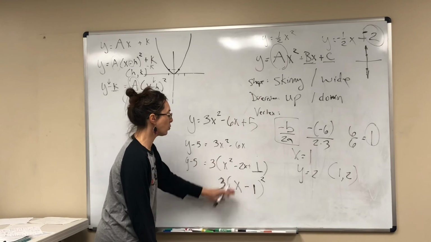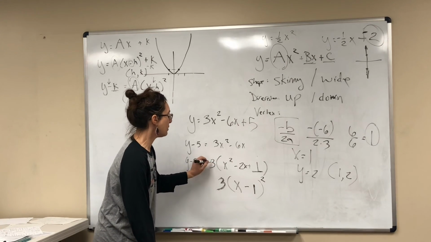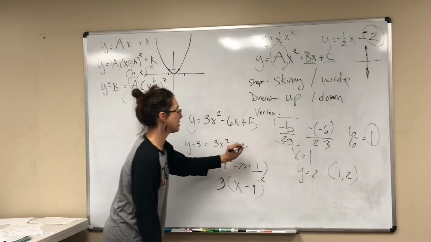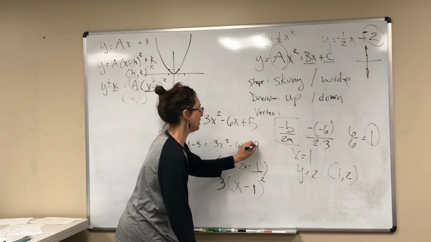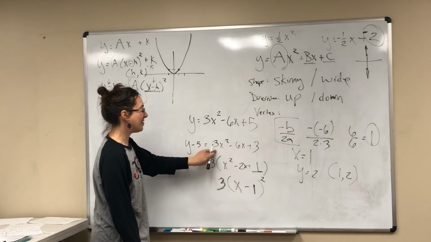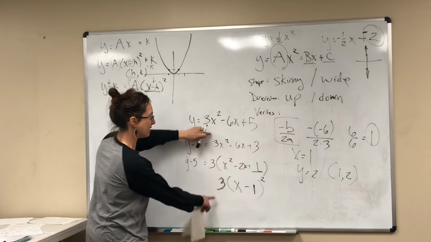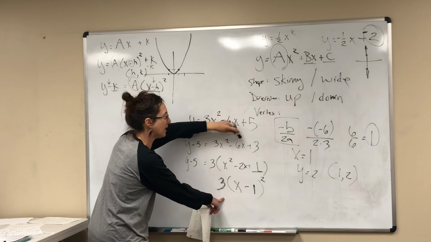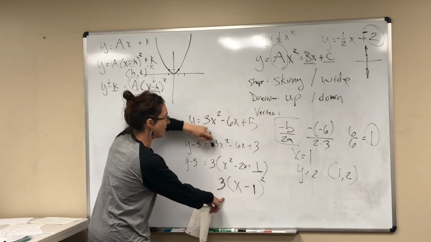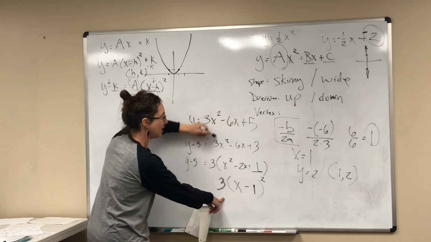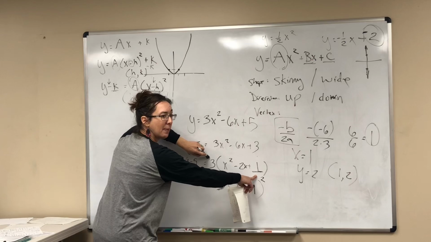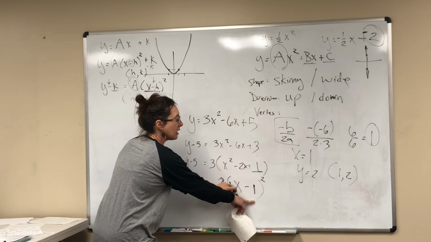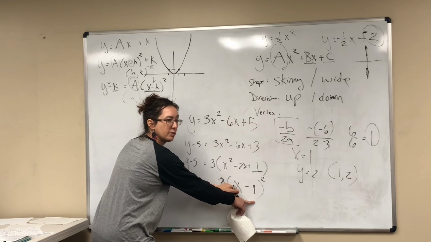But if I were to rewrite this back in, I would now have 3x squared minus 6x plus 3, right? And this would now factor into here. So now I can skip from here to here, correct? Because in that term, I would have factored out a 3 out of all of them, gotten my base quadratic, and then been able to rewrite it and said, oh, that's just x minus 1 squared, correct?